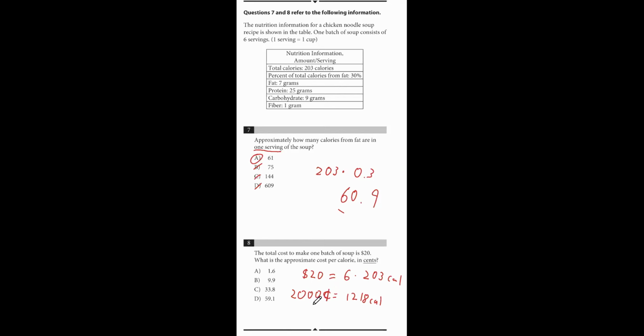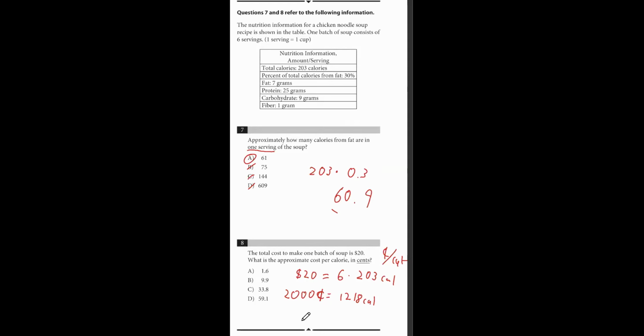And whereas cost per calorie, so that's cents over calorie, which means we just take 2000 divided by 1218. So 2000 divided by 1218 would get us 1.642 cents per calorie, which is equal to answer A.